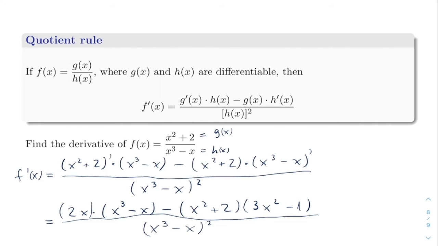And again, as before, don't worry about simplifying this. This is an acceptable solution for the problem.